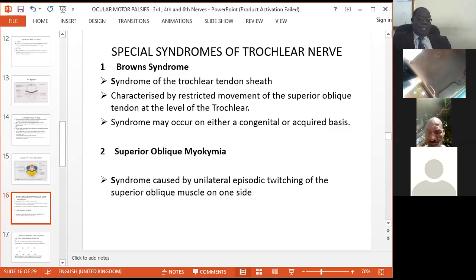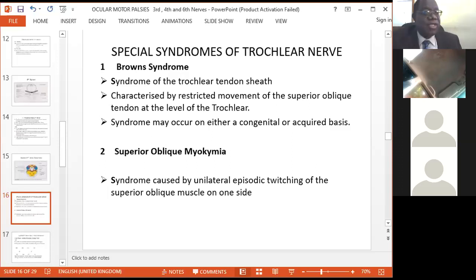Special syndromes of the trochlear nerve. There's Brown's syndrome, syndrome of the trochlear tendon sheath, where you have restricted movement of the superior oblique tendon at the level of the trochlea.